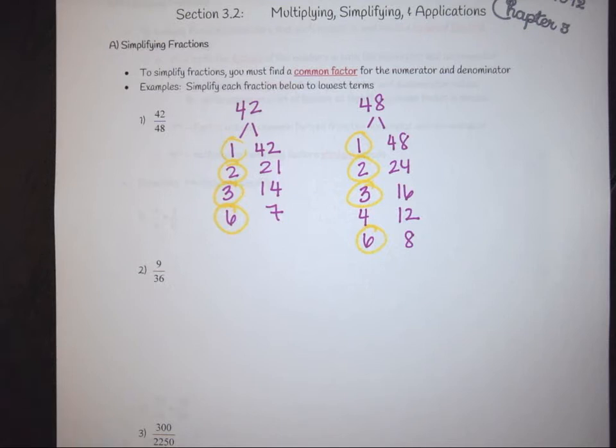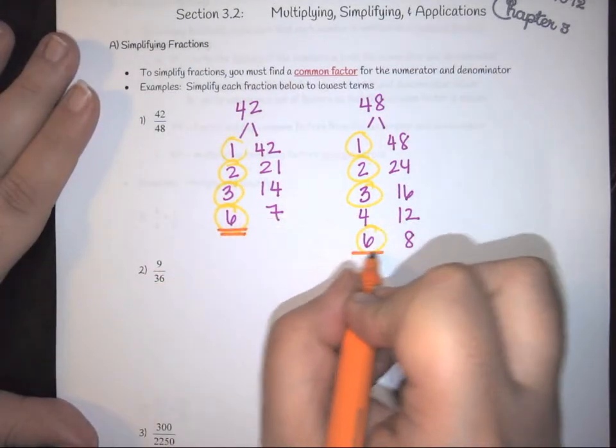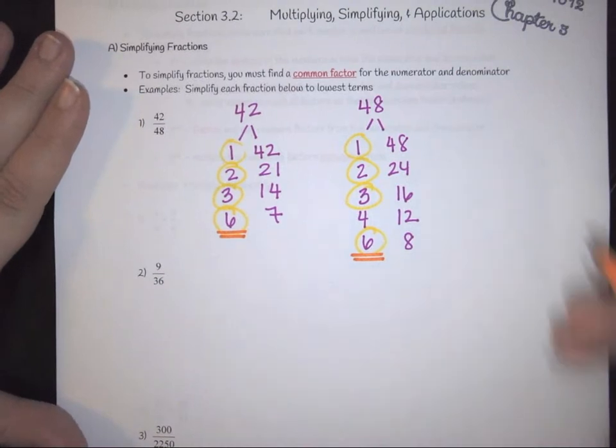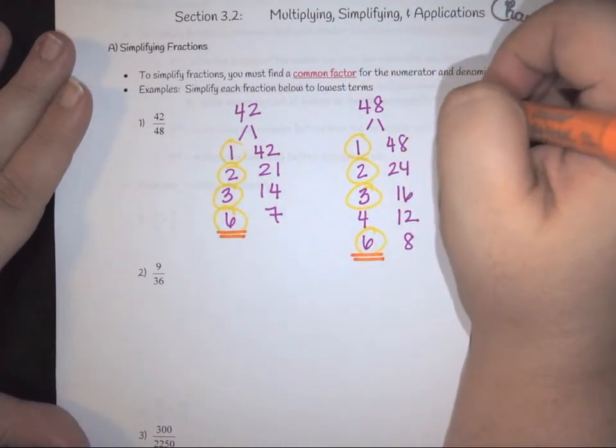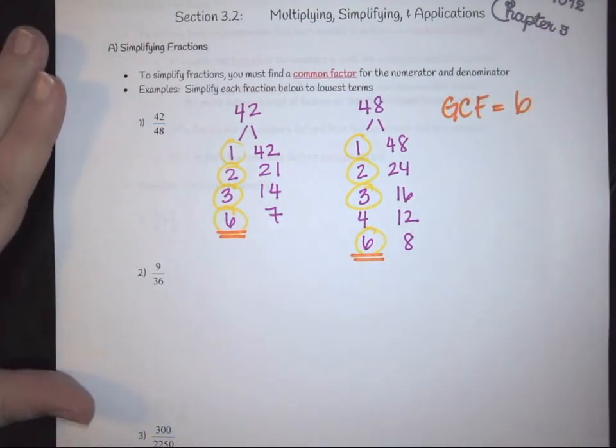Using any of these common factors will work. What's going to get you the biggest bang for your buck, meaning you finish the problem faster than anything else, is using what's called the greatest common factor. In this case, that would be 6. So here, my greatest common factor is 6.